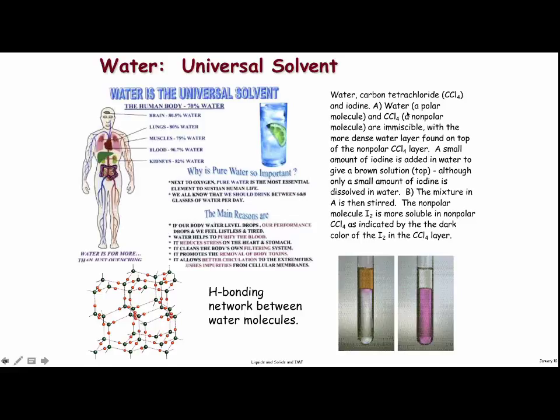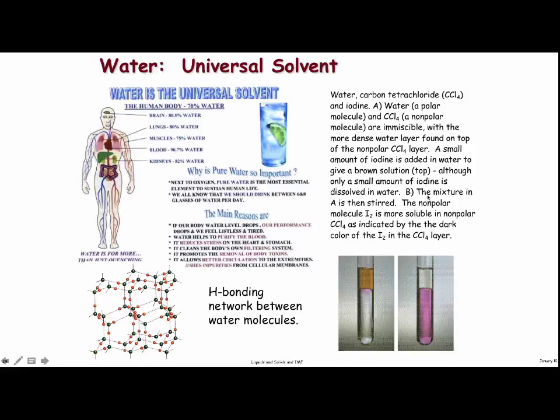Water is a polar chemical and carbon tetrachloride is a non-polar chemical, and so what you see is a separation. If you take iodine and put it into this mixture, iodine is nonpolar, so it'll go into the carbon tetrachloride. A small amount of iodine is going to go into water, but not a lot.